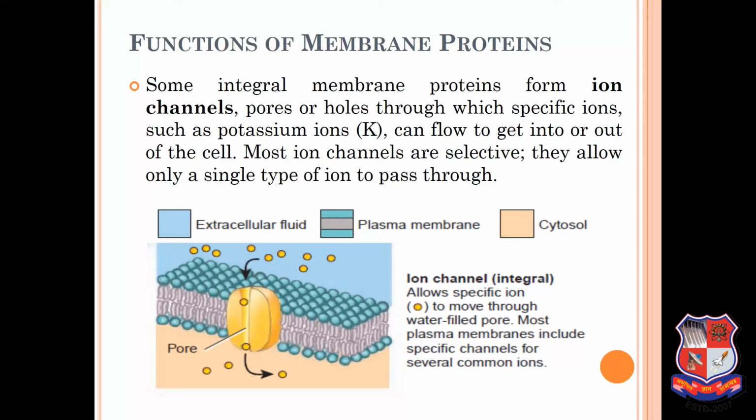Most ion channels are selective and allow only a single type of ion to pass through. So the first function is that it forms a channel, and through this channel specific ions can easily pass into or out of the cell.